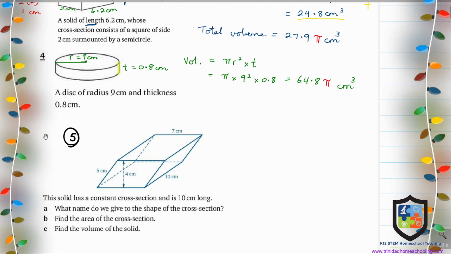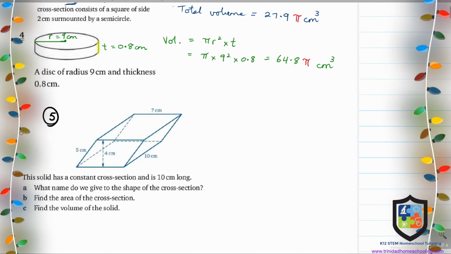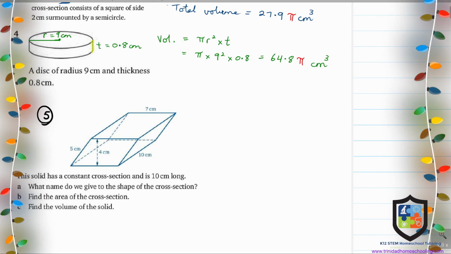Now number 5, don't let number 5 scare you. We've seen this shape before in 2 dimensions. I'm going to highlight that shape for you. What is this shape called? We did this in a previous lesson.